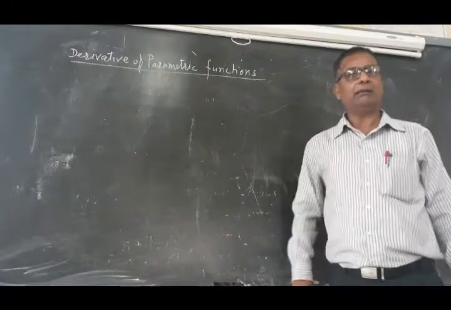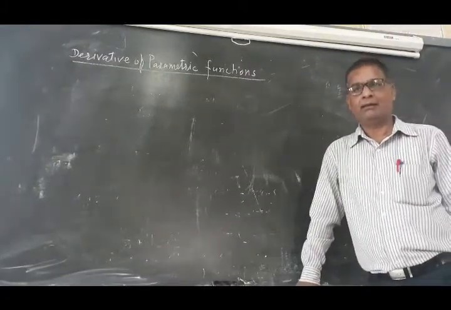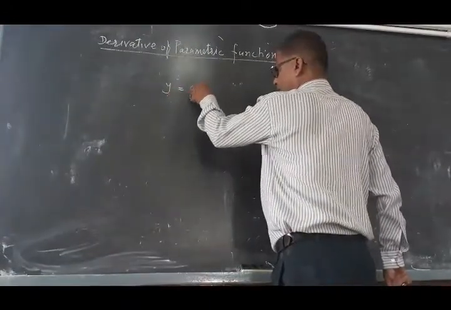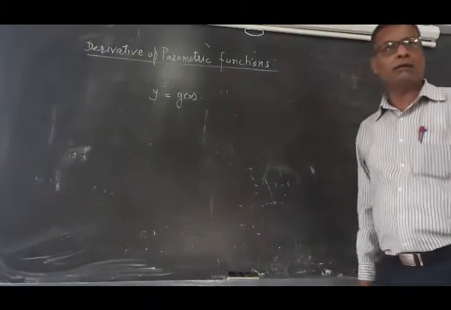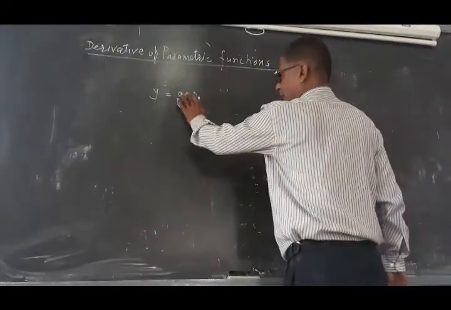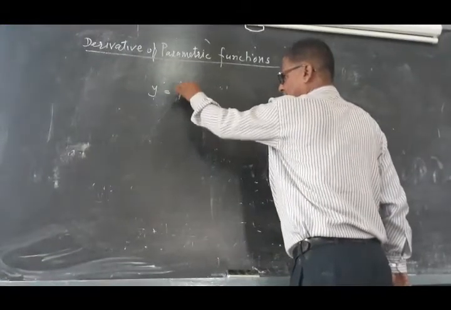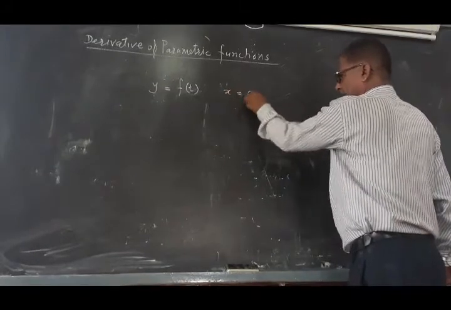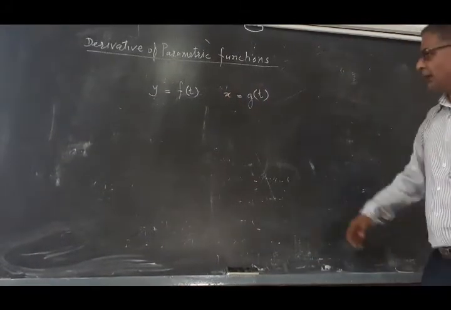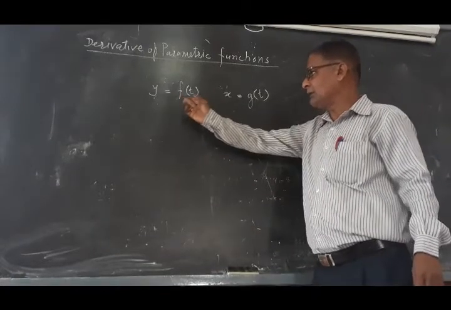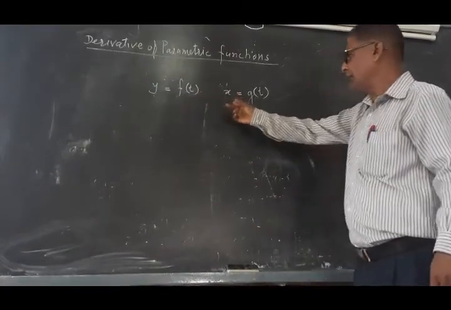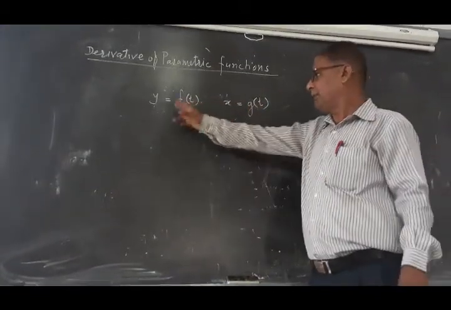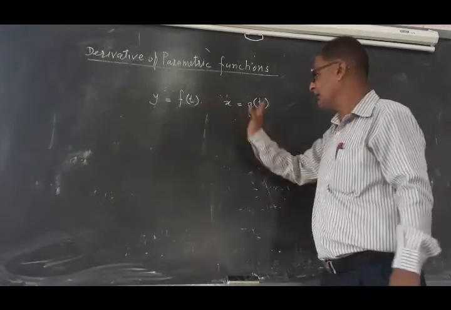For example, y is equal to f of t, and the second function is x is equal to g of t. What is the observation here? y is equal to f of t is one function, x is equal to g of t is the other function. The domain is the same, but the functions are different.